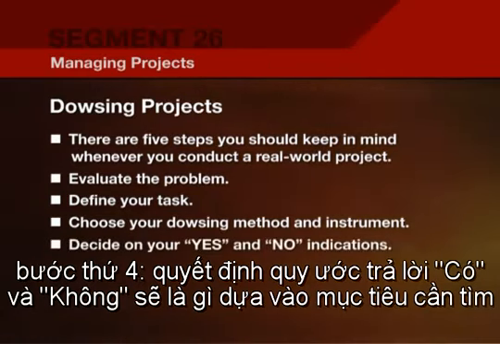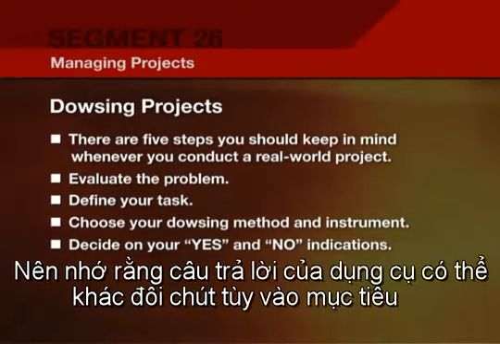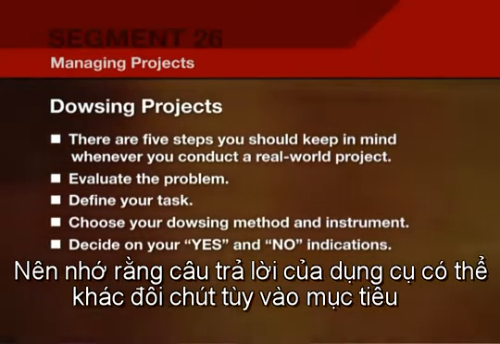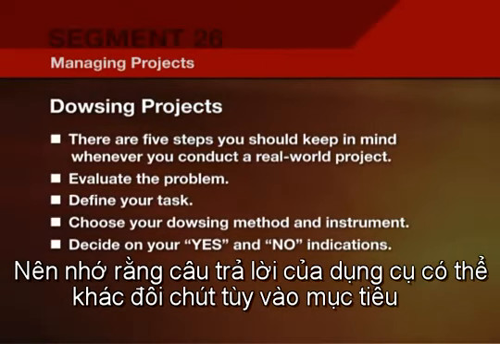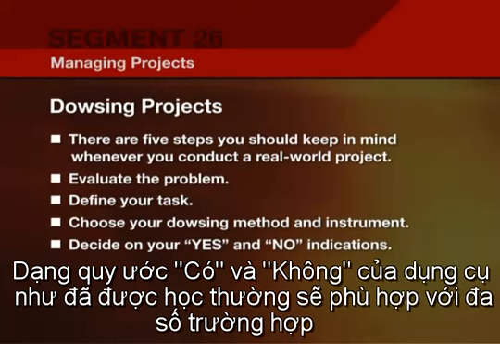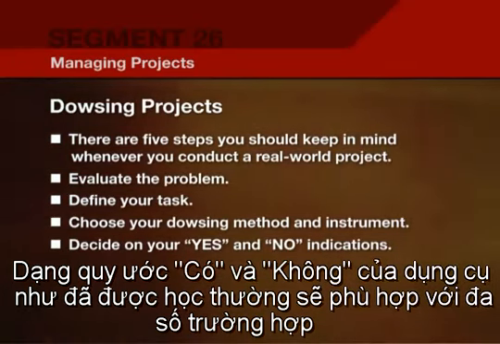Step 4. Decide what your yes and no indications will be based on your task. Remember, your questions for a yes and a no response can differ based on the specific question or task you have defined for your project. In most cases, the standard "show me a yes" and "show me a no" responses seem to work quite well.